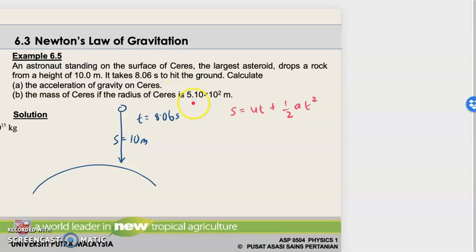So the initial velocity of the rock is 0, plus 1 over 2 times the acceleration or the gravity on Ceres times T squared, so 8.06 squared, and S is your height, which is minus 10.